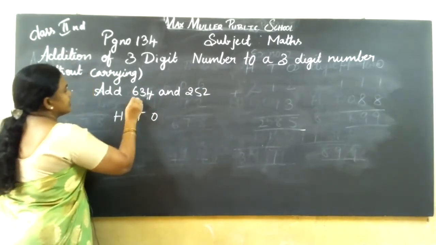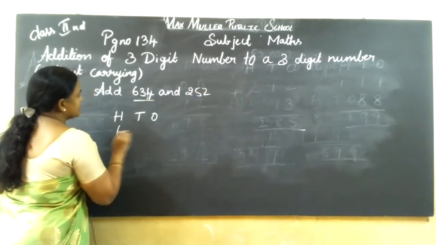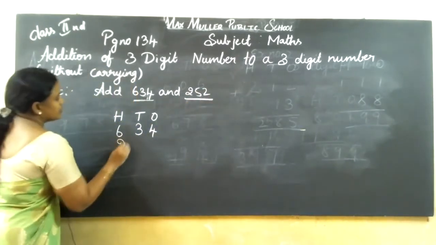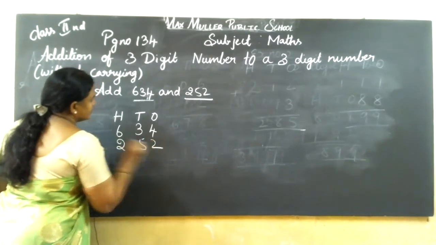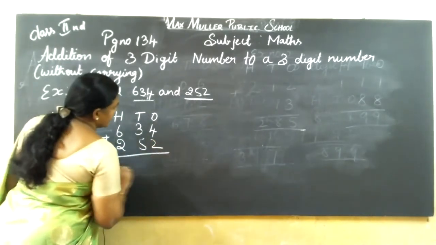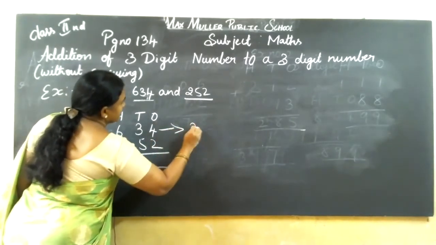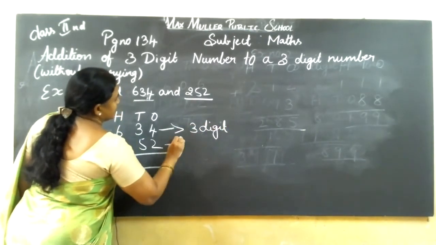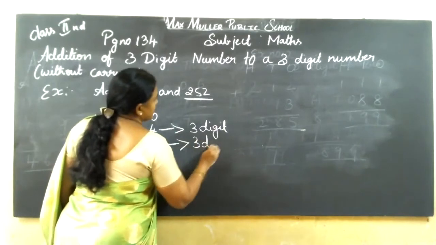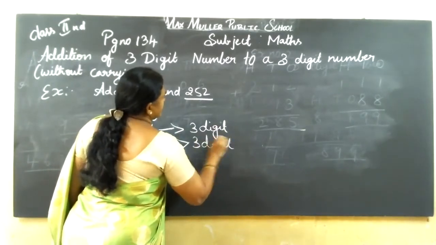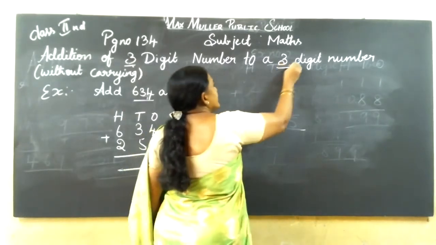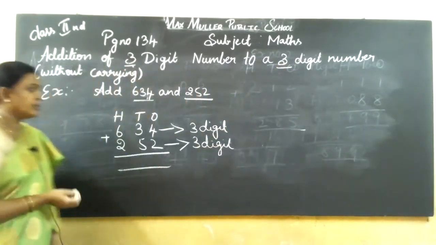See, this number, first we will write this number 6, 3, 4. After we will write 2, 5, 2. Now, see, this is also 3-digit. This also 3-digit.